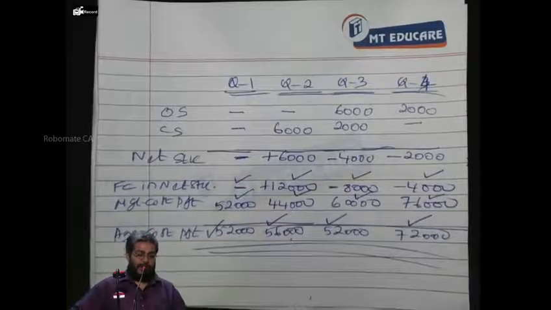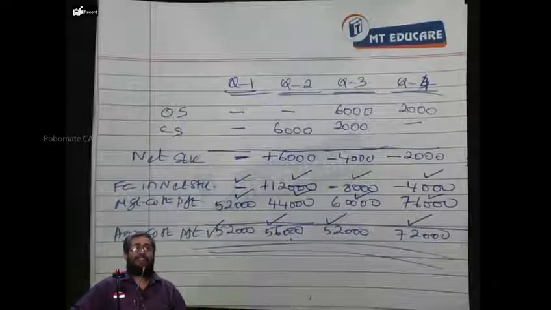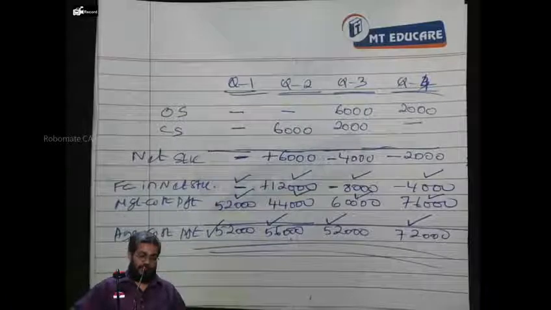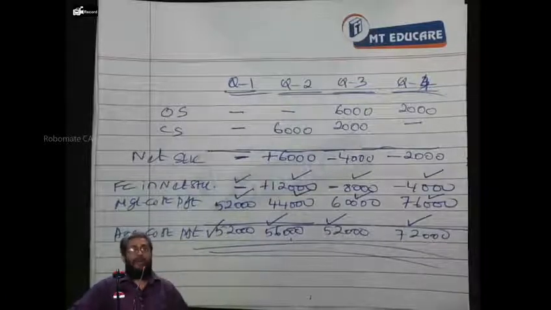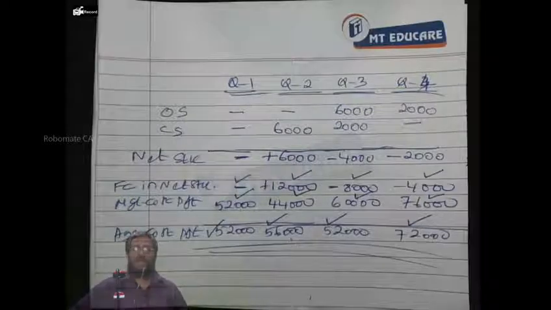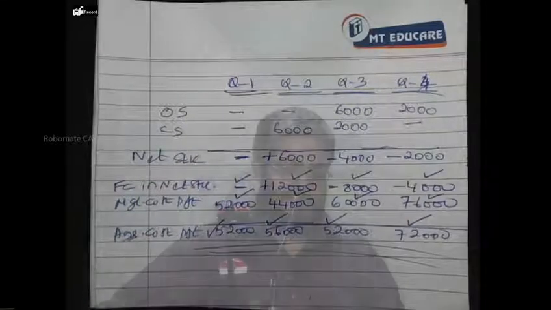Go to first branch and write: net stock 0 means no change in stock position. Net closing stock means what? Stock increases. Net opening stock means what? Stock decreases.